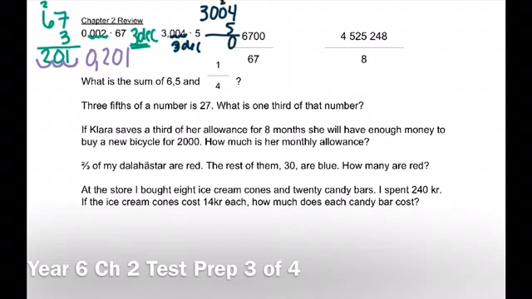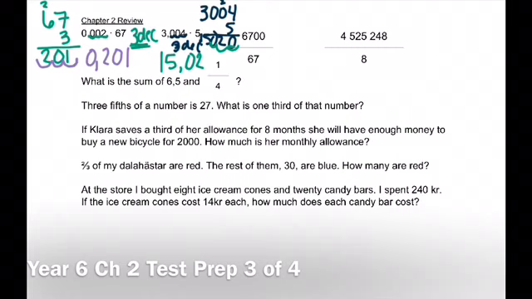Oops, there's supposed to be a 2 up there. 5 times 0 is 0, plus 2 is 2. 5 times 0 is 0. And then 5 times 3 is 15. And then we have 3 decimal places that we counted. So the final answer for this will be 15.02, because we don't need to write the last one.